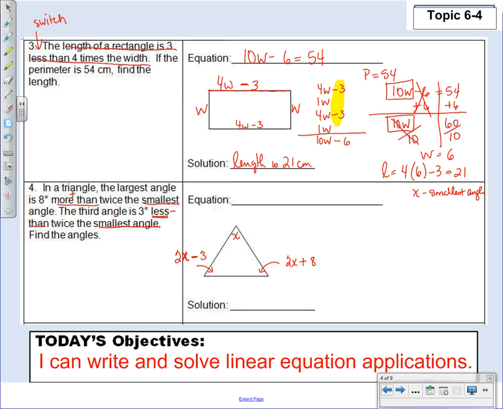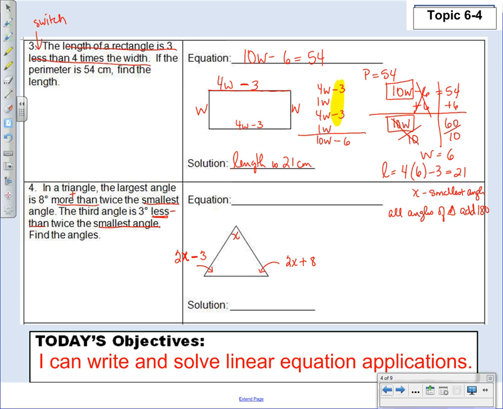So now we have to remember something about geometry, because we have now labeled our picture, but now we have to come up with the equation. The equation from geometry, we're going to use the fact that we know that all angles of a triangle add to 180.